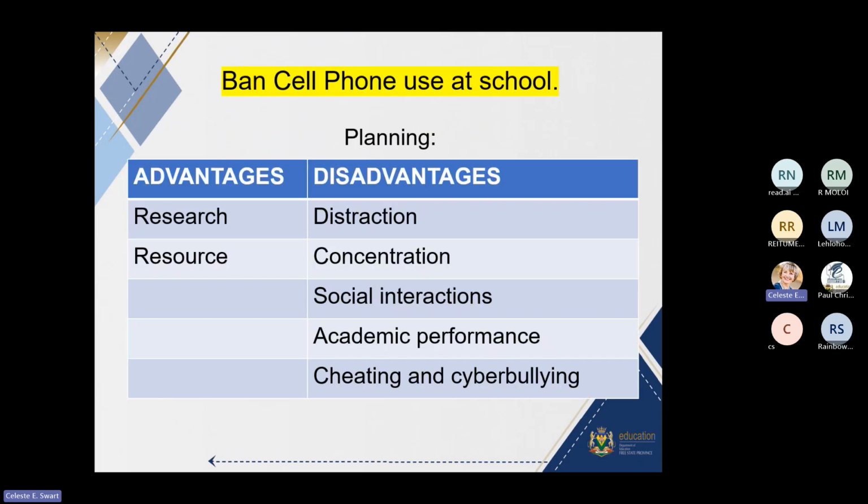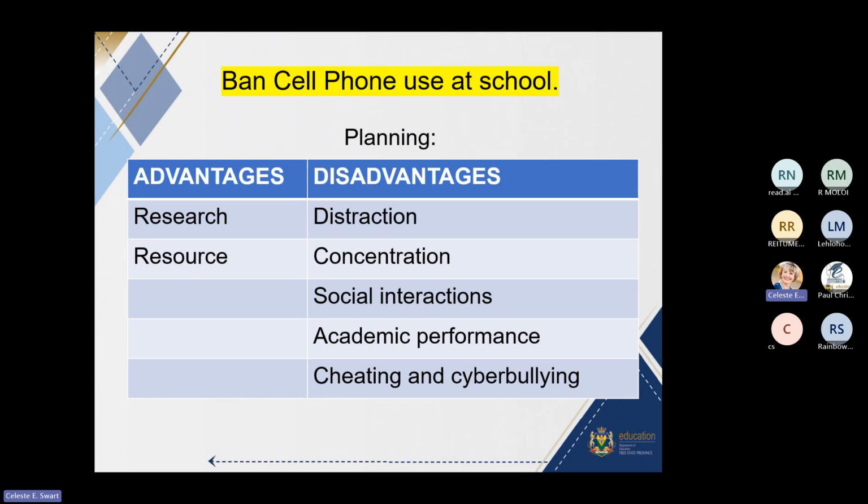Your planning can be point form, it can be a mind map, anything like that. Look at some advantages of cell phones. This is not banning them at school, but the advantages of using cell phones. We look at research and resources, because what do we find? That some learners have all of their books on their tablets, and you can have it on a cell phone as well.